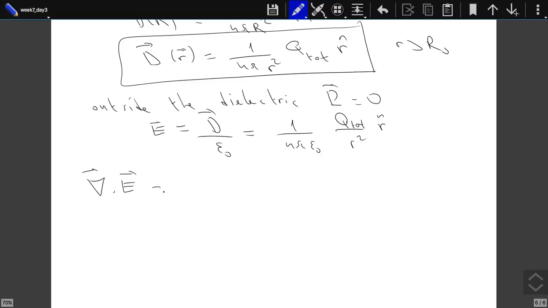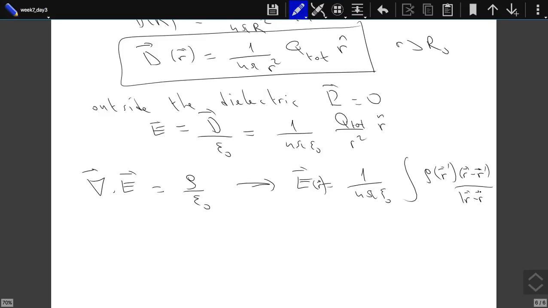We had seen that the divergence of E was equal to rho over epsilon 0, and we could solve this equation basically by stating that the electric field at the point r was equal to 1 over 4 pi epsilon 0 times the integral of rho of r prime times r minus r prime divided by the cube of the magnitude of r minus r prime, d cubed r prime.